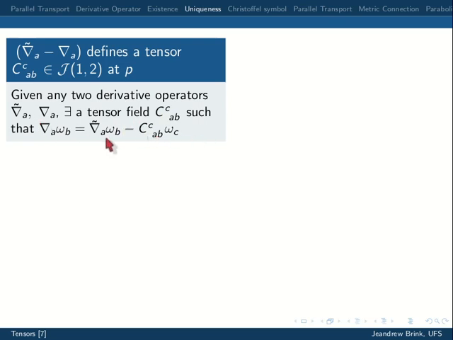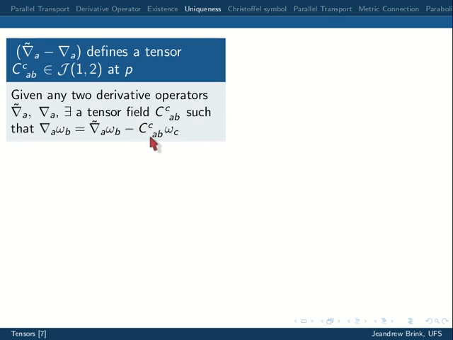In doing so, we basically captured the fact that the difference between 2 distinct derivative operators depends on the value of the one form, the (0, 1) tensor, at a particular point, where you can encompass all the changes.